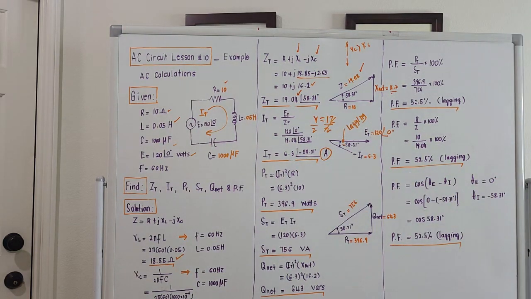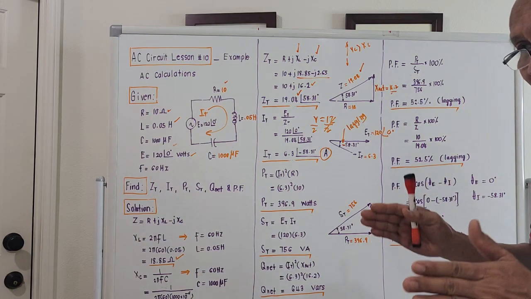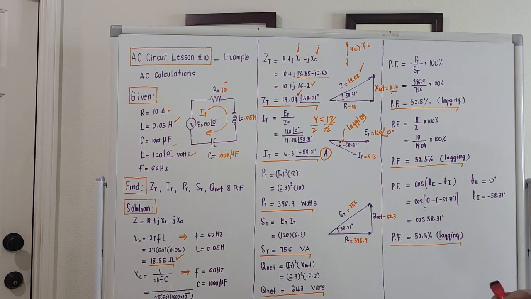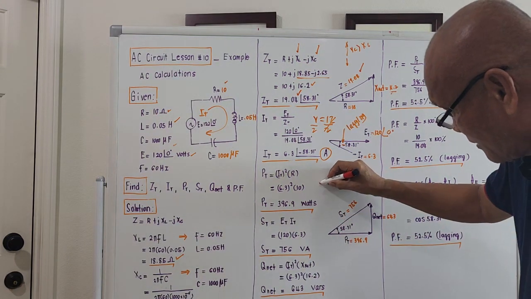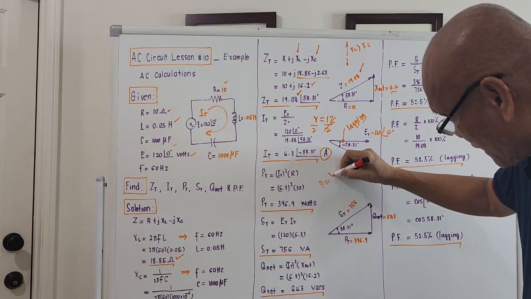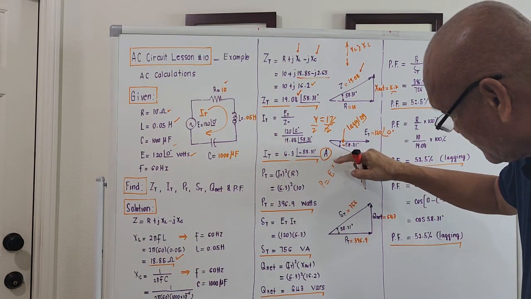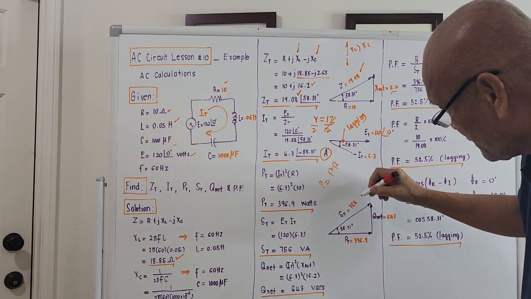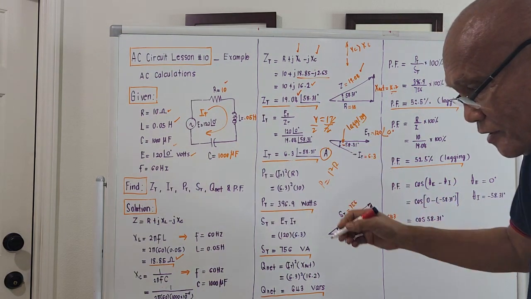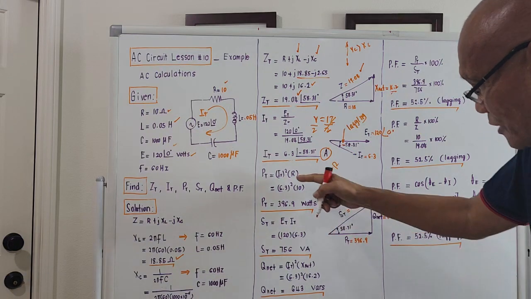Okay, let's try to compute for the total true power, the one we are paying on the utility companies. Okay, it will be like in the DC circuit, power is equal to EI, I square R. Okay, in AC circuit, in the computation of true power, it's still the same.